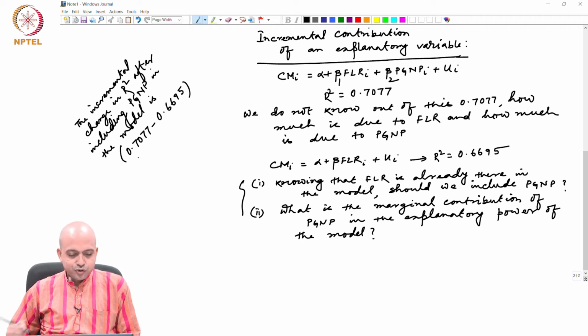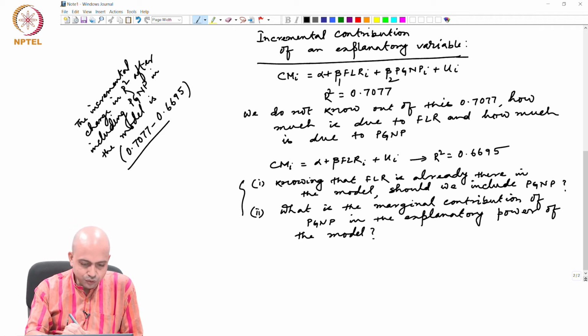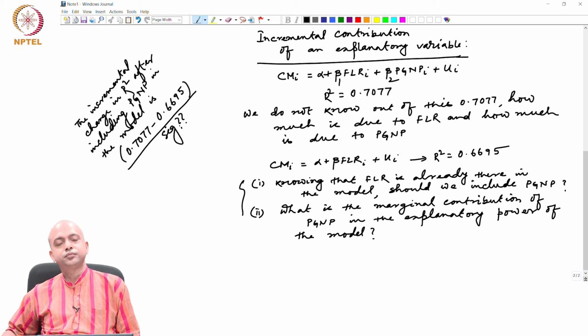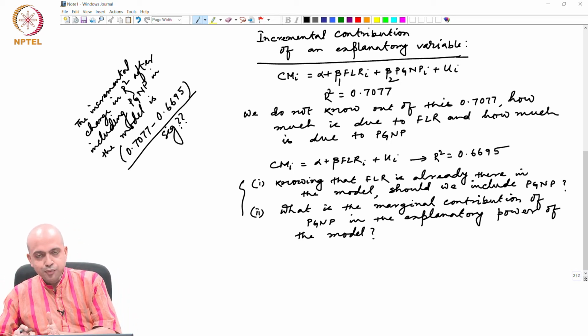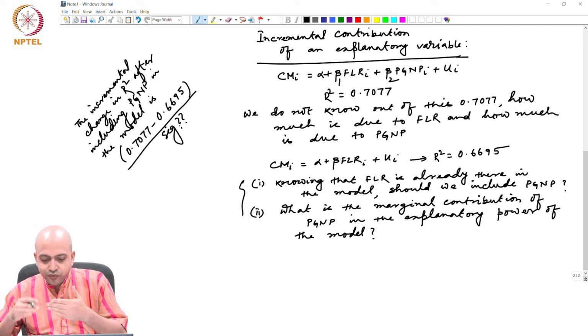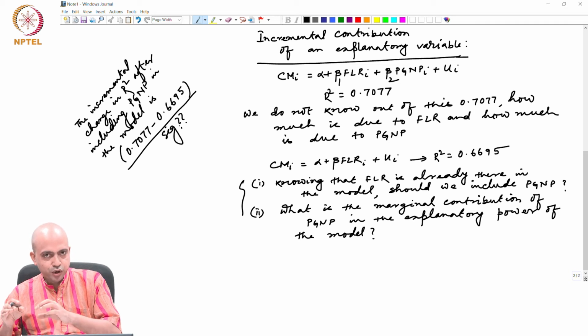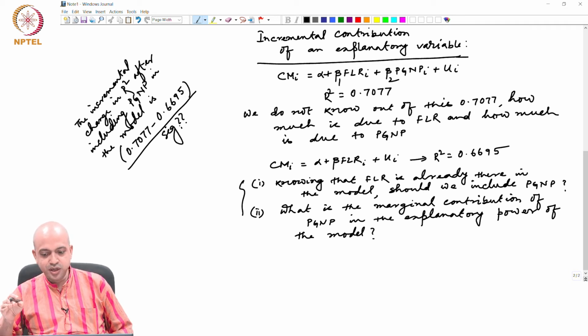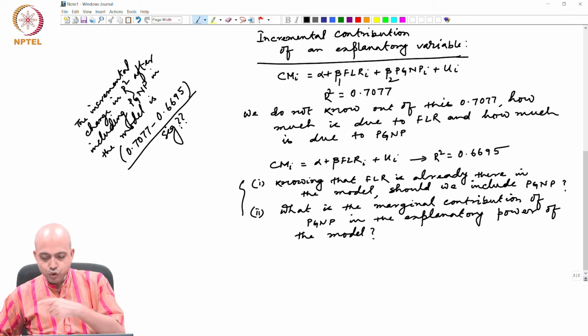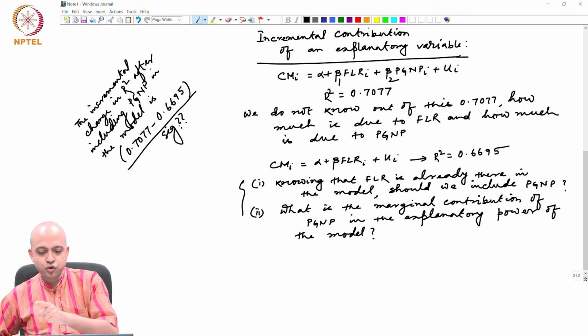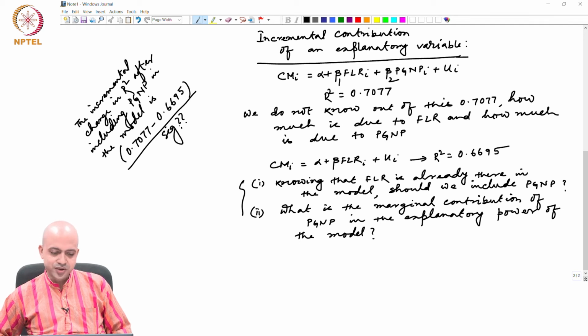Now, the question is whether this value is statistically significant or not. That is what we want to know. Is this clear? So, when you have only FLR in the model, your R square is 0.6695. Now, knowing that FLR is already there, we are trying to add PGNP, and when PGNP is added, the R square improves from 0.6695 to 0.7077.